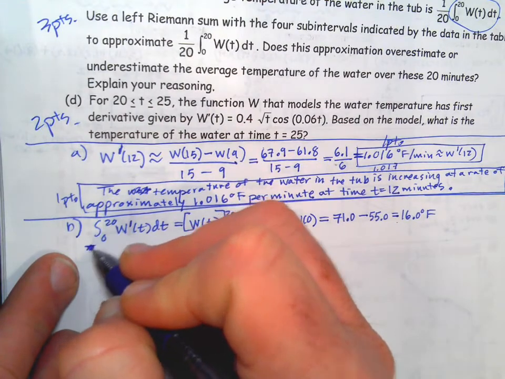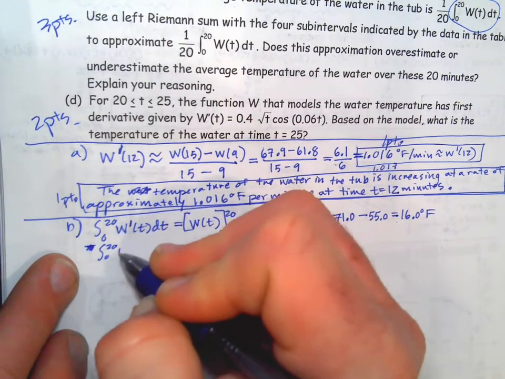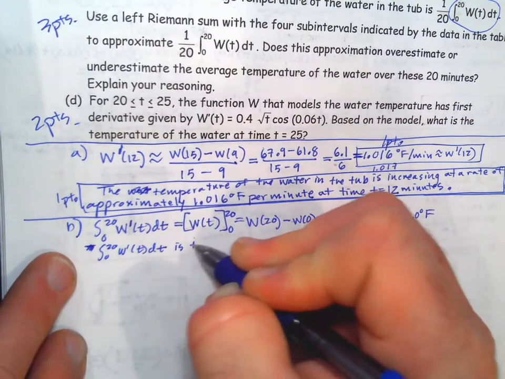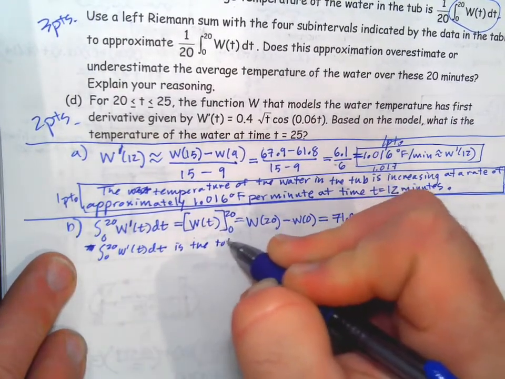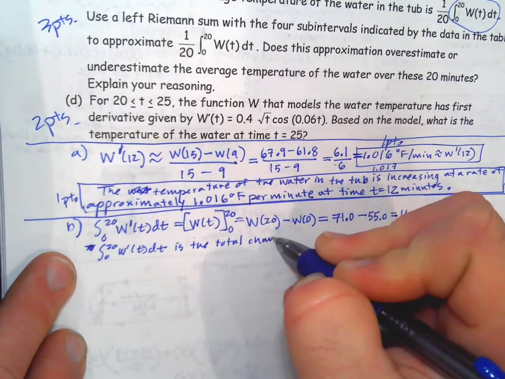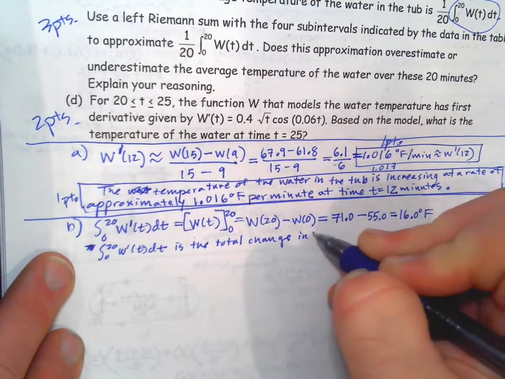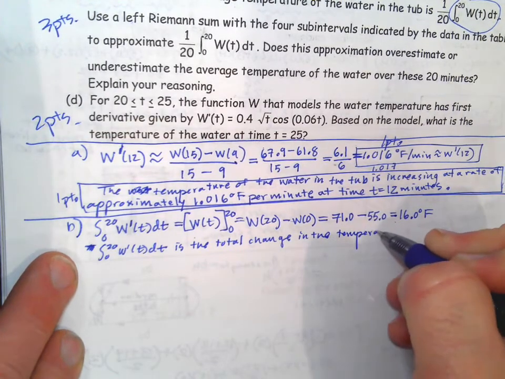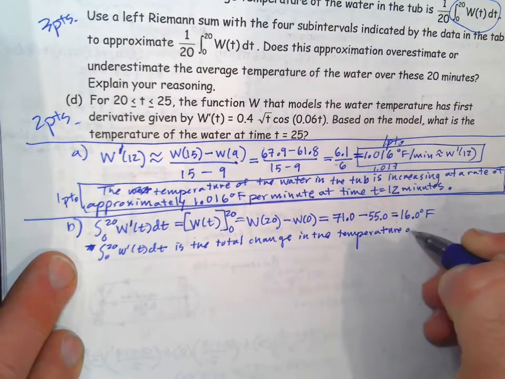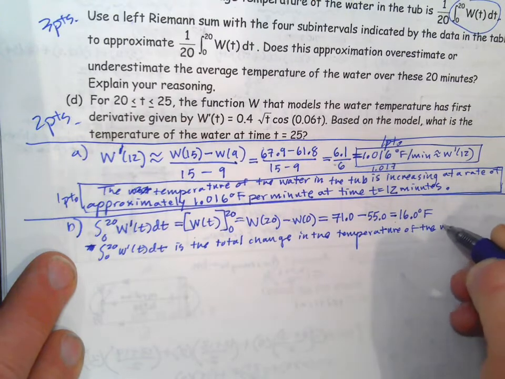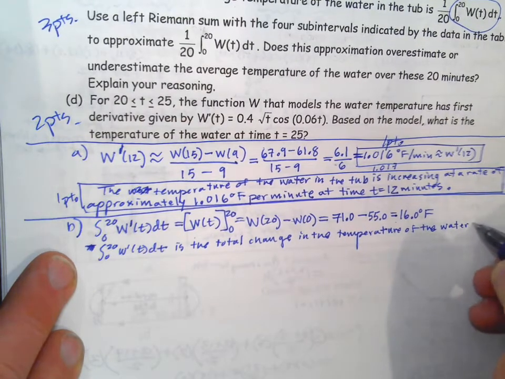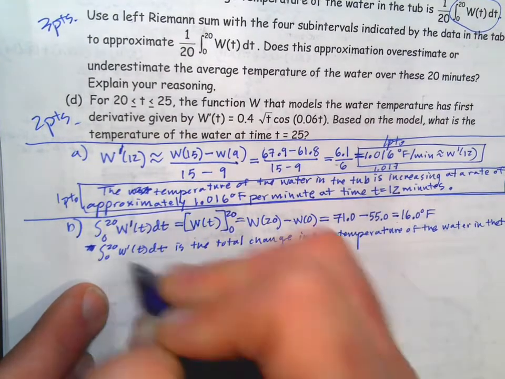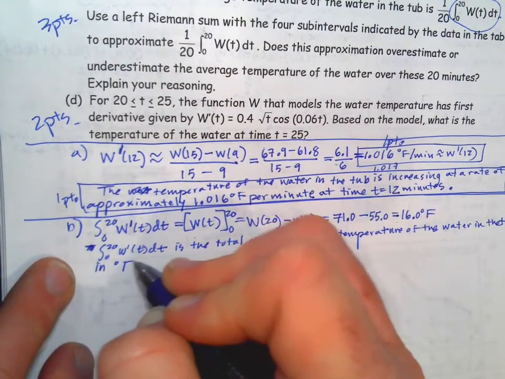So you could say the integral from 0 to 20 of W prime of t dt is the total change in the temperature of the water, in the context of the water in the tub, units in degrees Fahrenheit.